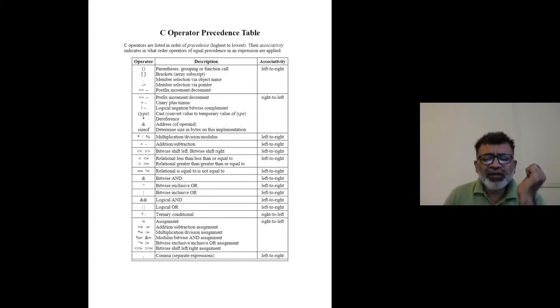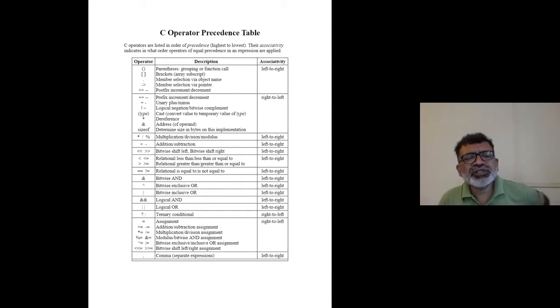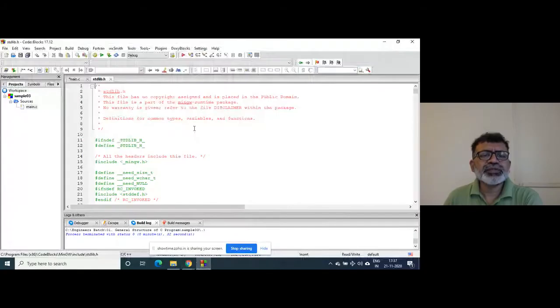By default many compilers add this. If you want to see this file, I can show you. This is stdlib.h, the compiler's library file. You can see the comments. This is a header file, a library file. One should not make changes in this file.